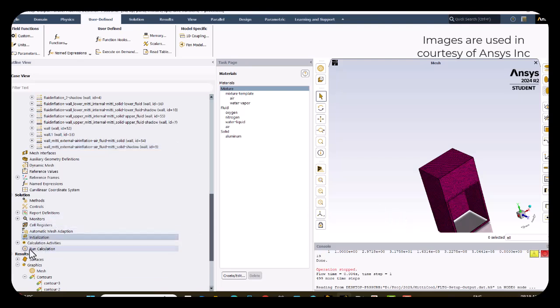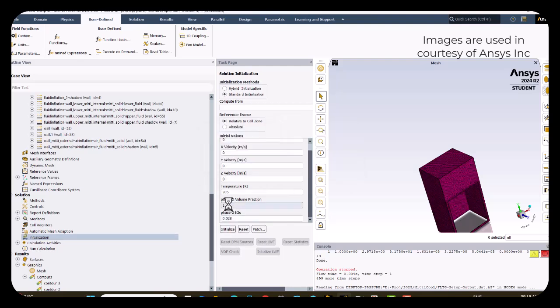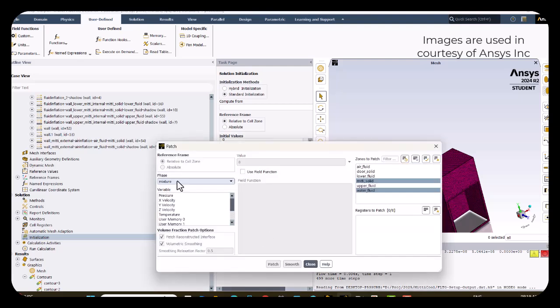Okay, now I will try to initialize. I am trying to initialize with phase 1 volume fraction and this two with the entire domain at a temperature of 305, but I need to again patch this with the volume fraction of MittiSolid and this, and I will try to patch so that we will get the values.